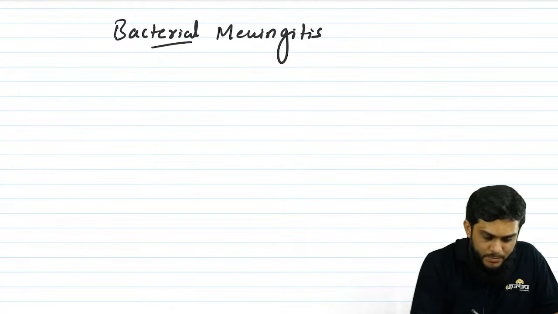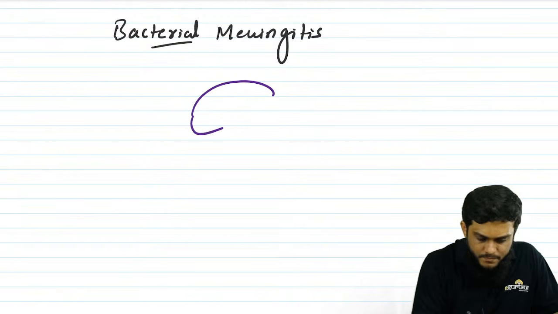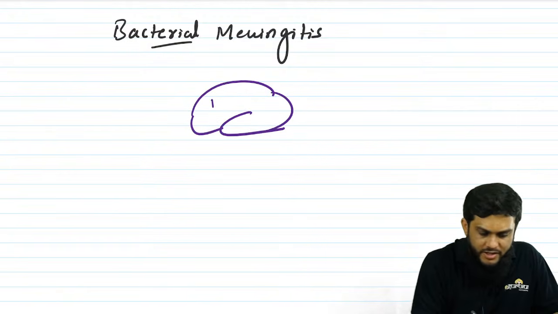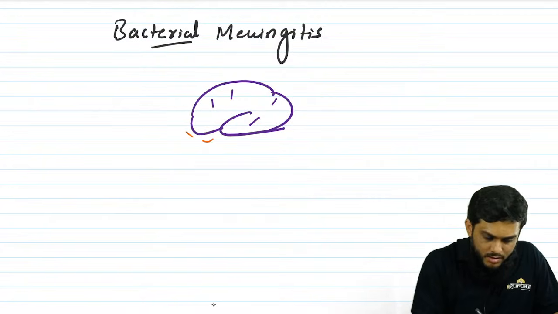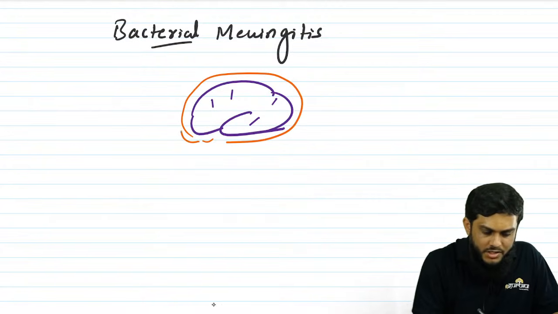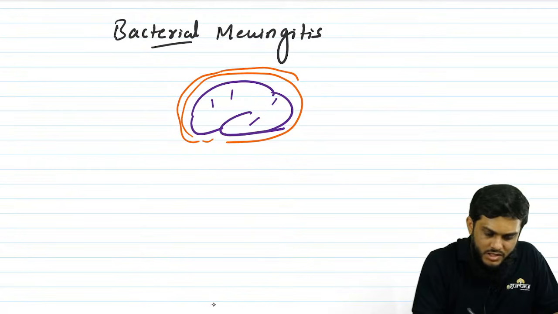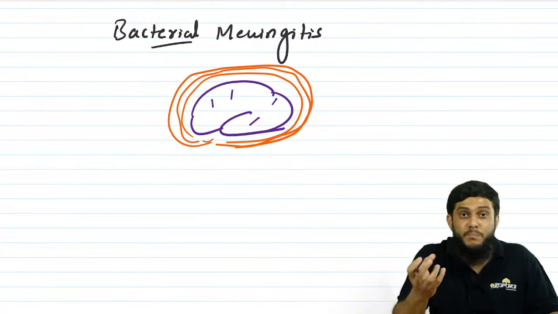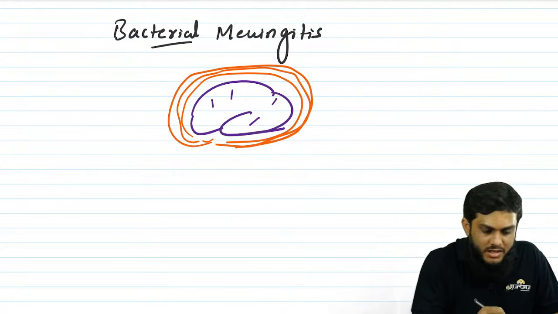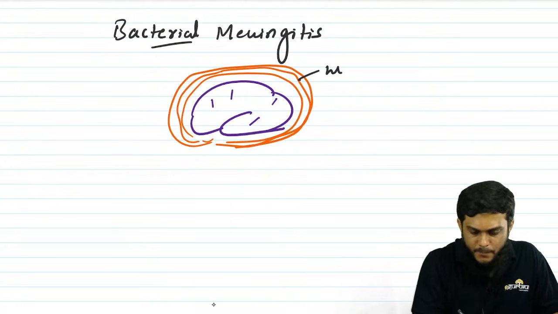When we take the brain, it has coverings to protect it. There are 3 layers covering the brain, and these layers are nothing but meninges.